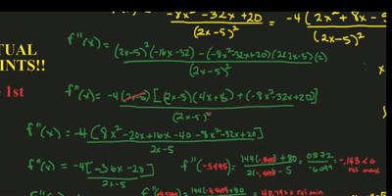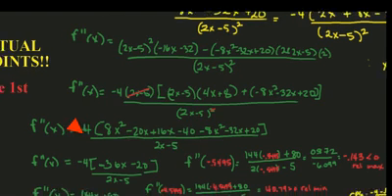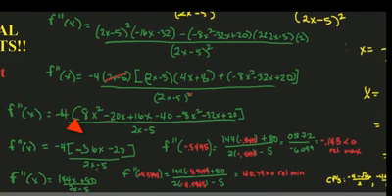Then the next step is to plug in. This is the equation you should end up with when you combine your like terms, and then simplify to that when you distribute the negative 4 through. Plug in your two critical points. You get that.